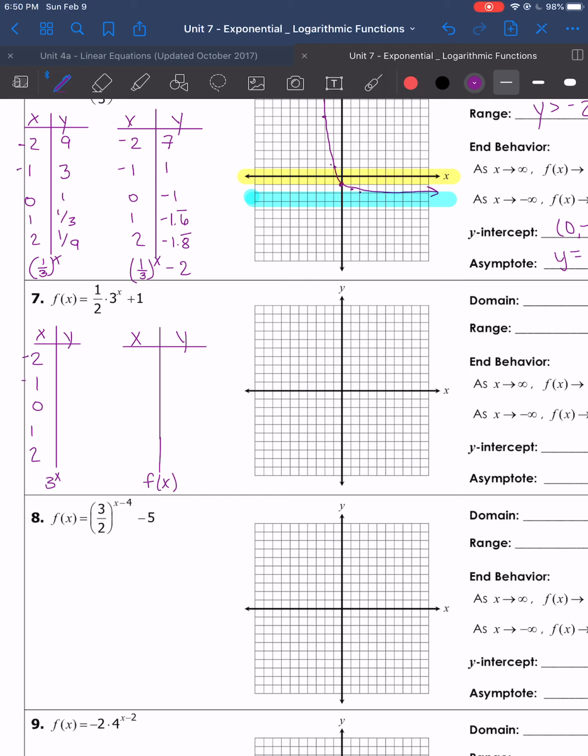So when I plug in that, I'm going to get 1/9, 1/3. It's opposite of what the 1/3 to the x was. 1, 3, and 9. Alright, now when I add all of this to it, I'm going to take these numbers, take them in half, and then add 1. So my x's aren't going to change because I'm not doing anything with the x up there. I'm just working with the y.